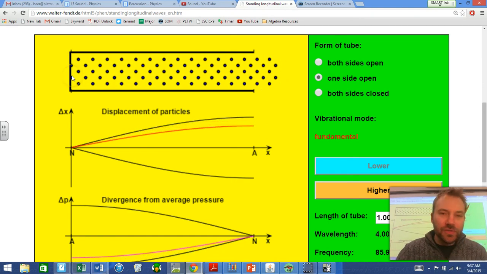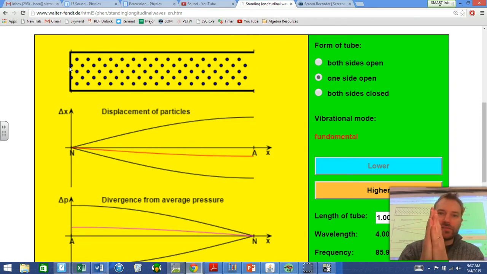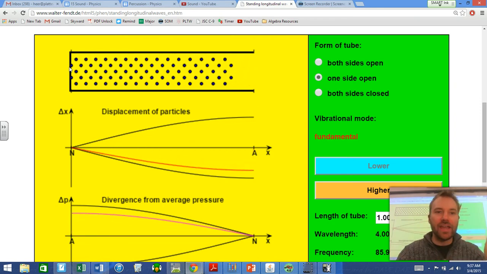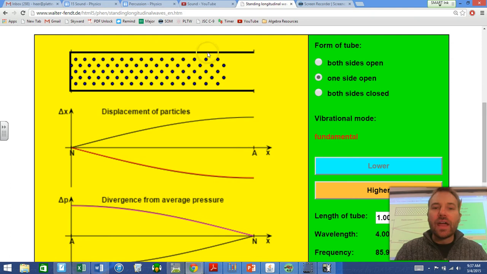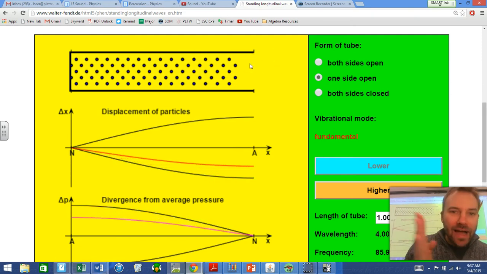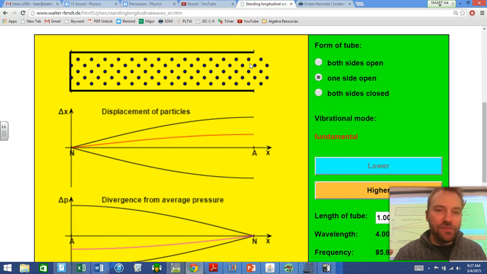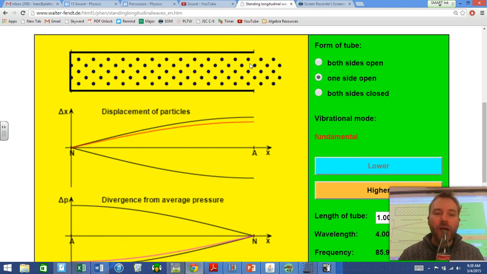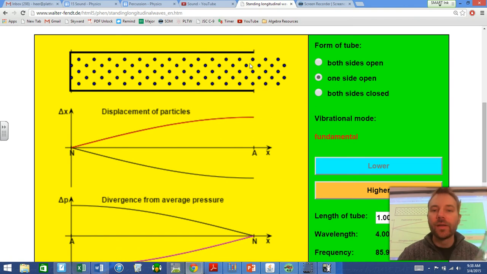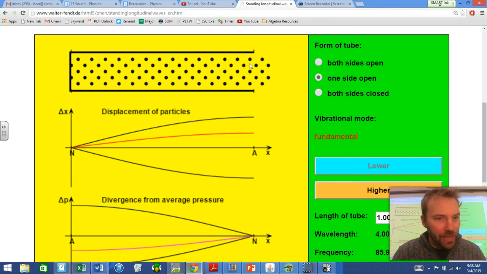The air molecules vibrating inside there can't move because of the closed off end, so at the end you always have a node. And at the open end, the air is able to go in and out, vibrating. This is an antinode. Right now this is the fundamental, the lowest frequency that can be played.